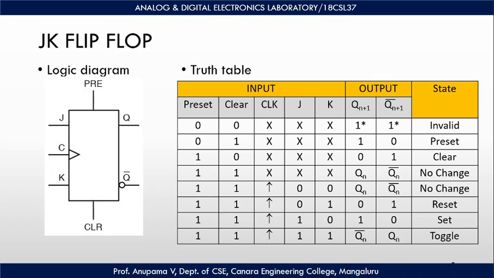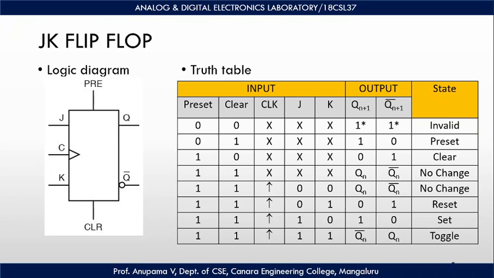If preset is 0 and clear is 1, then we are going to preset the flip-flop, and when preset is 1 and clear is 0, we are going to clear the flip-flop by setting Qn plus 1 value equal to 0 and Qn plus 1 complement value equal to 1.